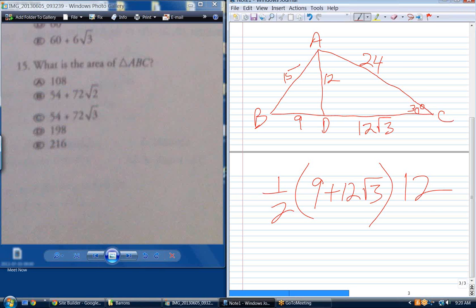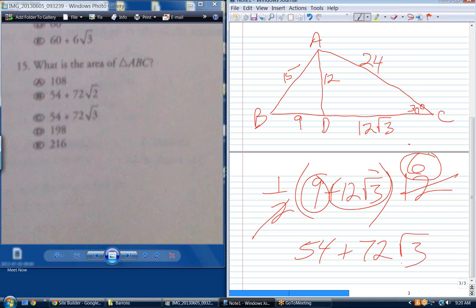Okay, make sure you distribute to both of them. In other words, you can take the 12 and cancel it with the 2 and turn it into a 6, but now this 6 has to be distributed to both the 9 and that. So it would be 54 plus 72 root 3. Okay? Okay. All right.